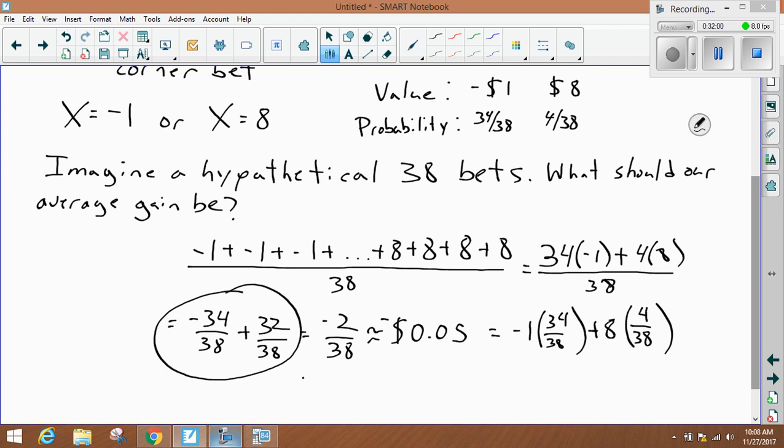So we kind of derived our formula just by looking at real numbers. So now instead of doing this, we can just apply the formula: we multiply each value times the probability that corresponds to that value to come up within our probability distribution.